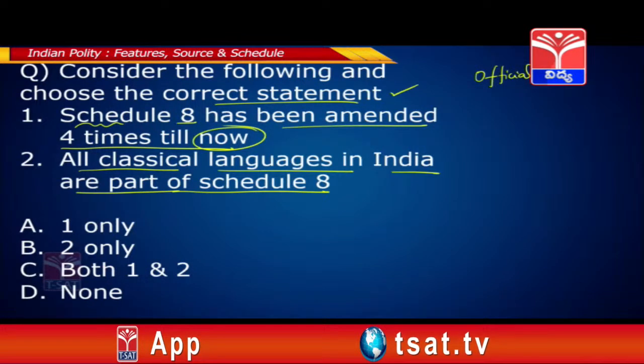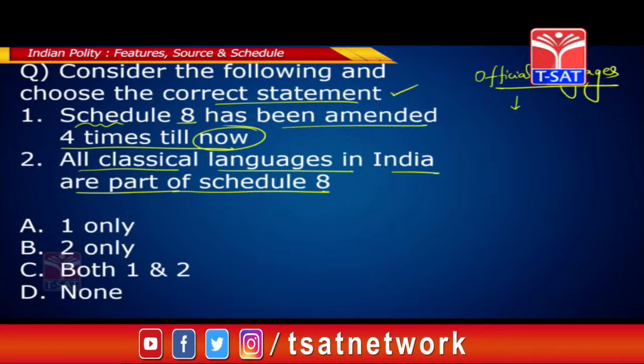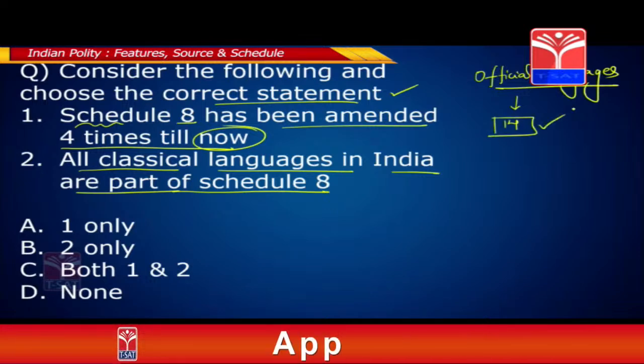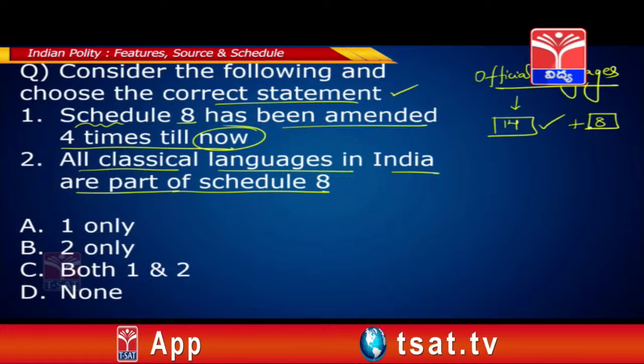When the Constitution came into force, there were 14 official languages and presently there are 22 official languages.